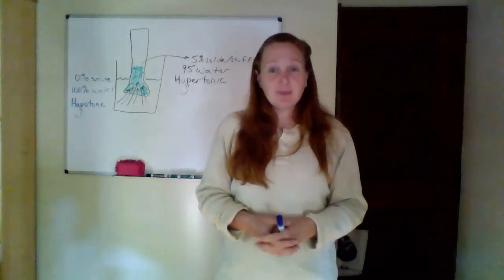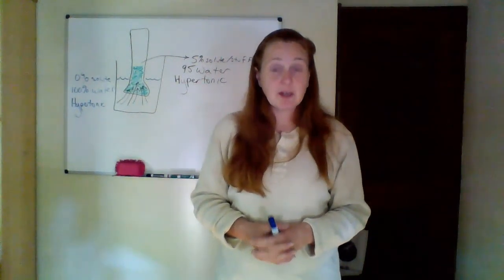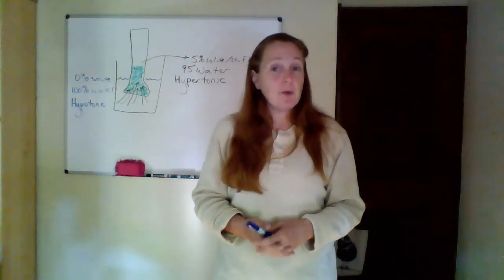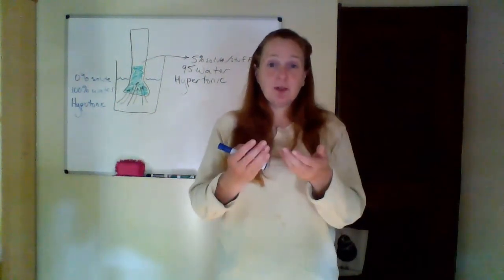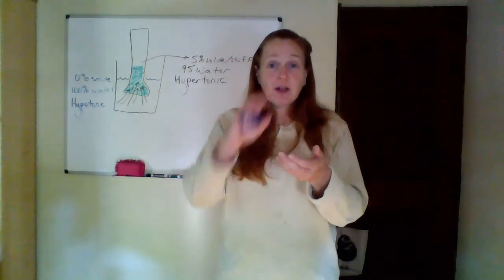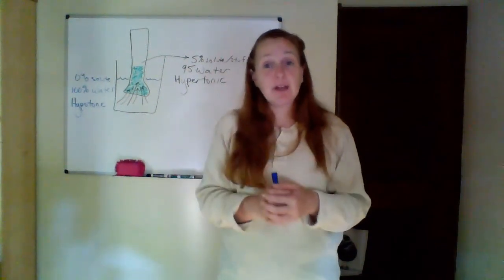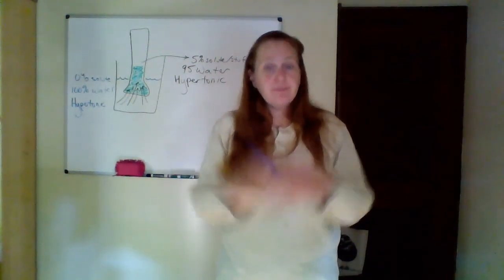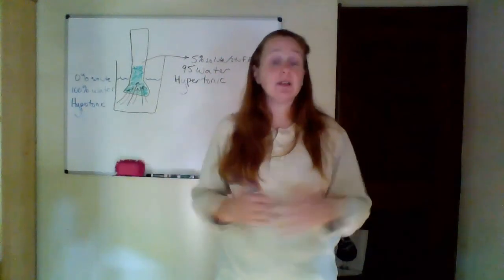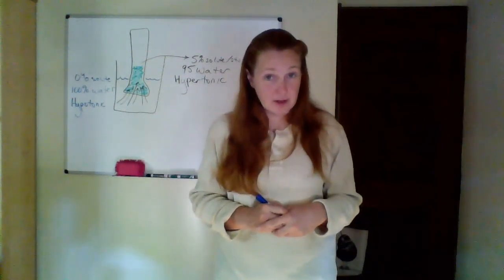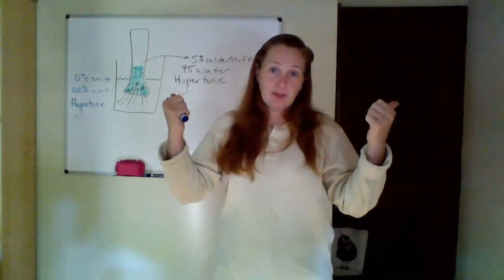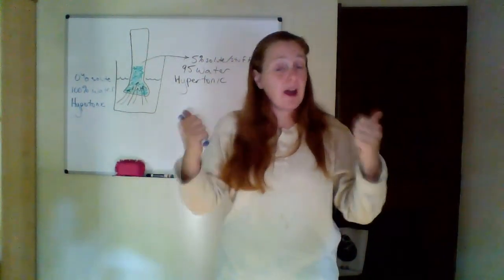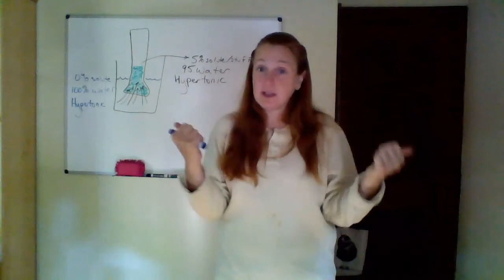Now, my key tip to you when you're doing the homework assignment is first figure out which way water moved. If water is moving into a cell, then inside you have to have more solute. If you say the inside has more solute, then the outside has to have less solute. If water is moving out of a cell, then outside of the cell you have more solute. Water is attracted to all that stuff outside.